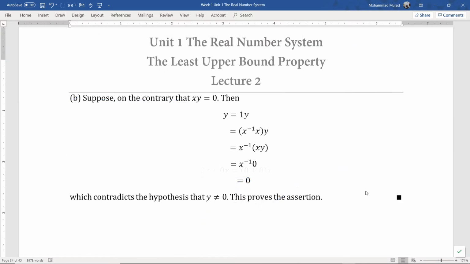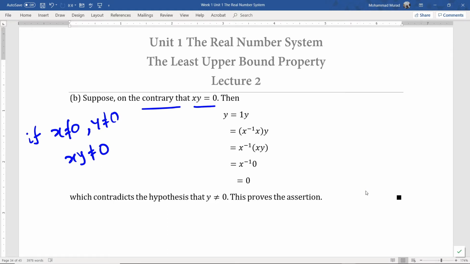Let's try to prove statement B, which says if x is not 0 and y is not 0, then the product is also not equal to 0. We'll prove this by the method of contradiction. Suppose on the contrary that the product is equal to 0.